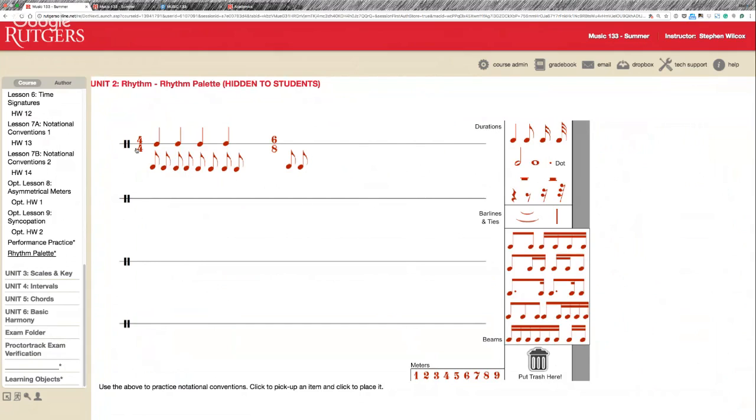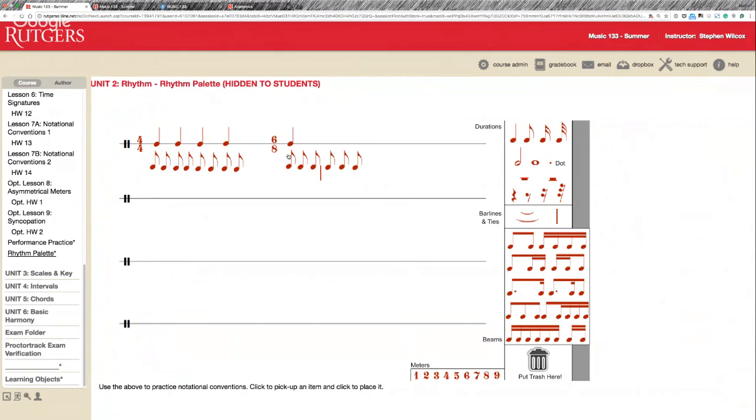Here I got 4 quarters, which divides into 8 eighth notes. Here I have 6 eighth notes, and I know that 6/8 is duple, which means I'm going to divide that measure in half. So right there, those are my beats. I've taken 6 and divided it by 2, because that's how many beats there are.